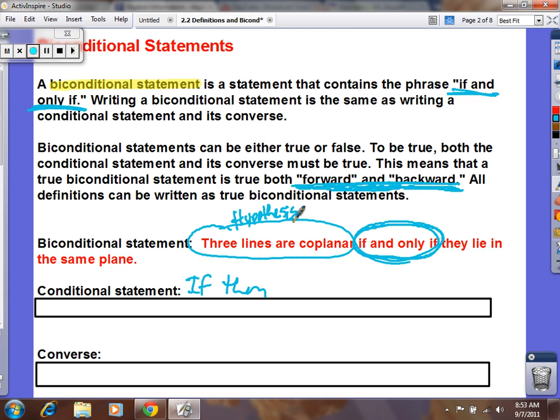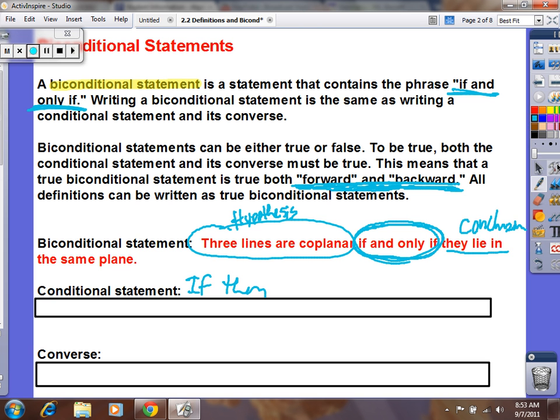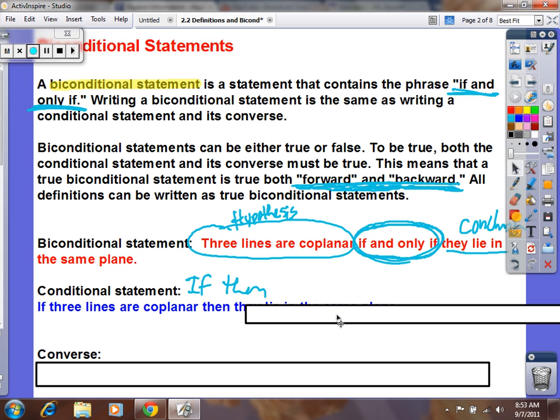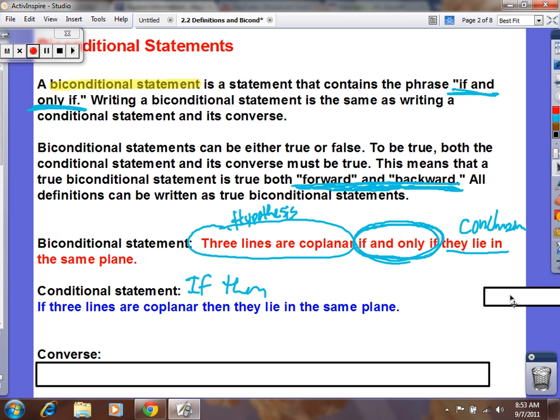So it's going to be if three lines are coplanar, then your conclusion is going to be this: they lie in the same plane. So your conditional statement is: if three lines are coplanar, then they lie in the same plane.